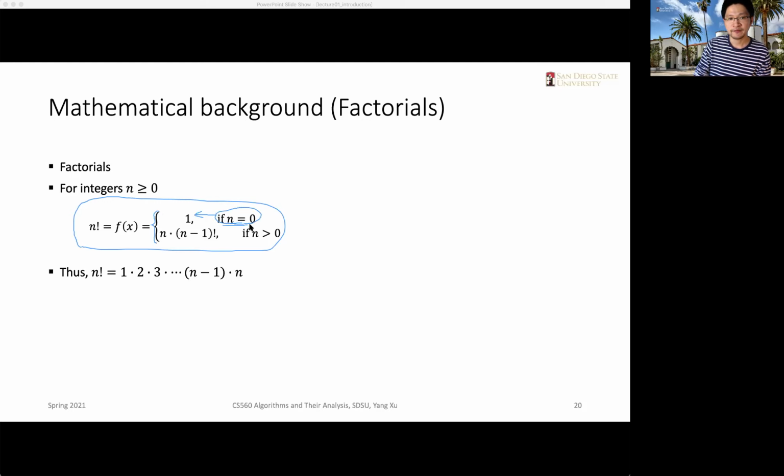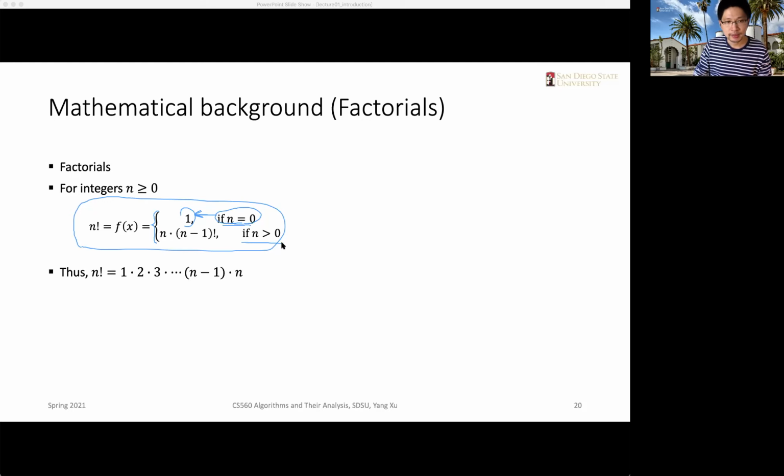If n equals 0, it's a boundary because n cannot be smaller; n should always be greater than or equal to 0. In this boundary condition, we define the value of the factorial to be 1. It's a special case because we have to have some boundary, otherwise the function is not well defined.